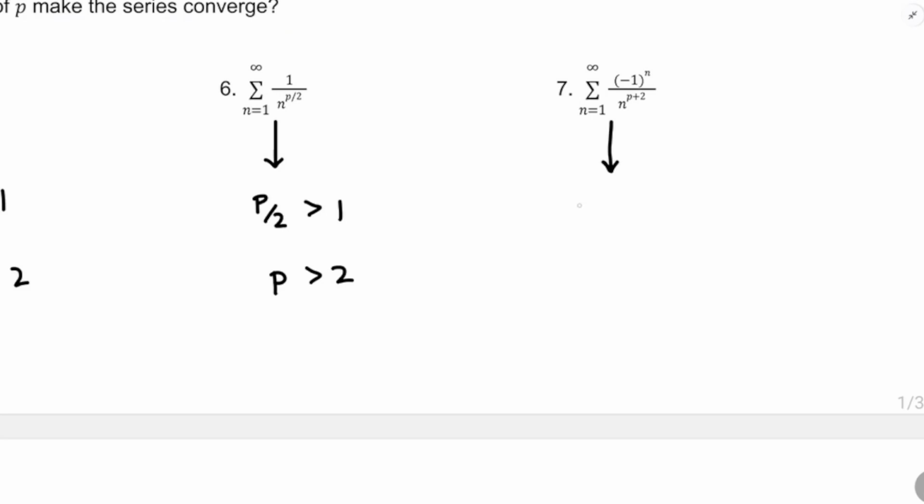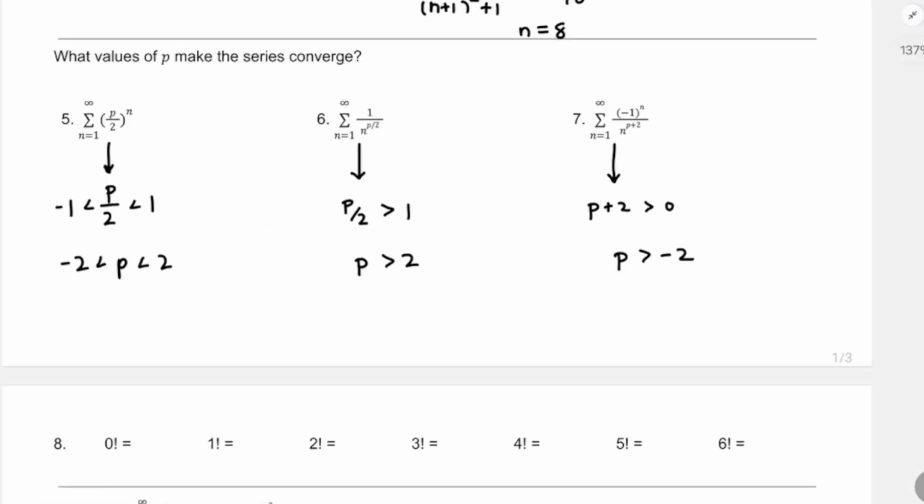So I'm thinking p plus 2 needs to be greater than 0. If it was equal to 0, I'd just have the sum of (-1)^n, which is a divergent series. So to converge, I need p greater than -2.